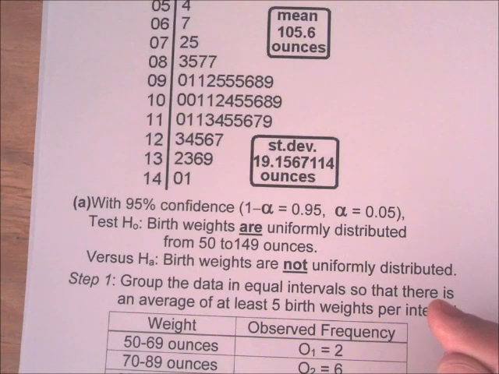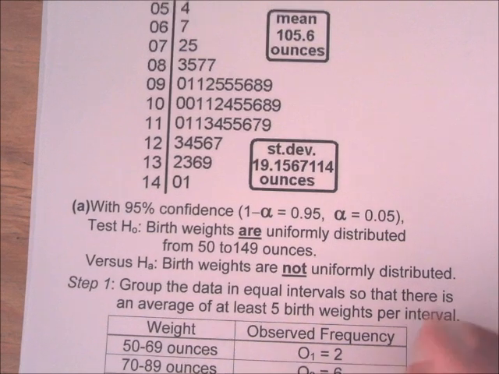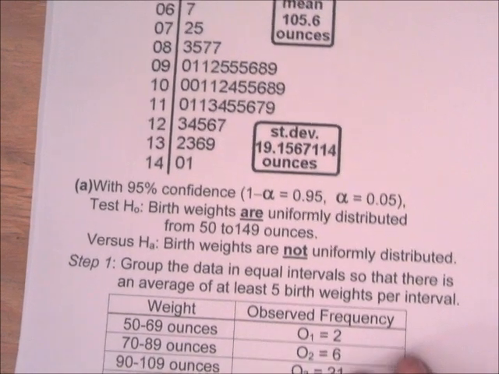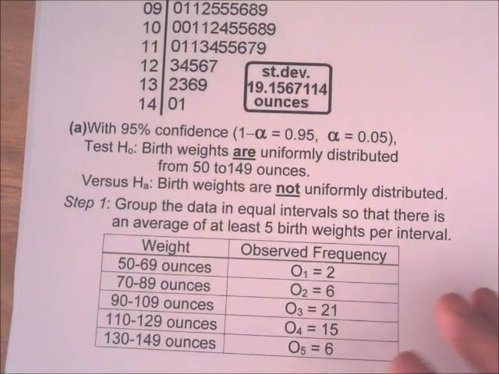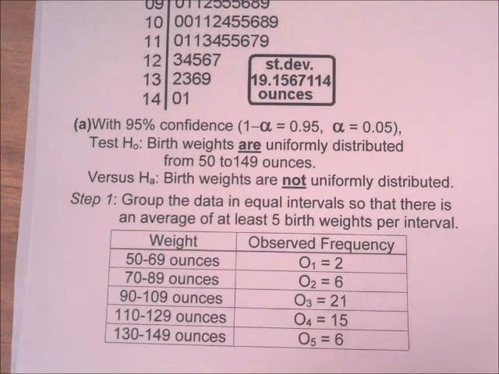versus HA, birth weights are not uniformly distributed. So the first step is going to be to group the data into equal intervals, so there's an average of at least 5 birth weights per interval. So I group them by 20s, the 50s and 60s.